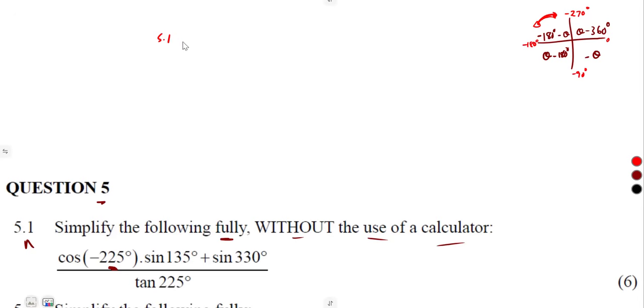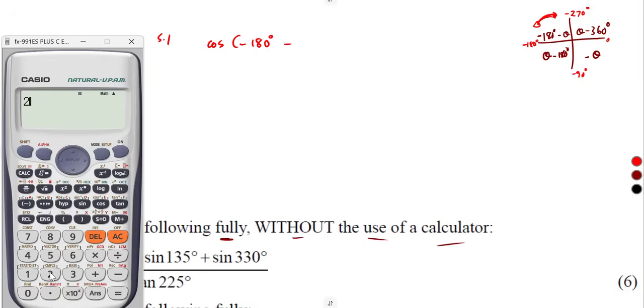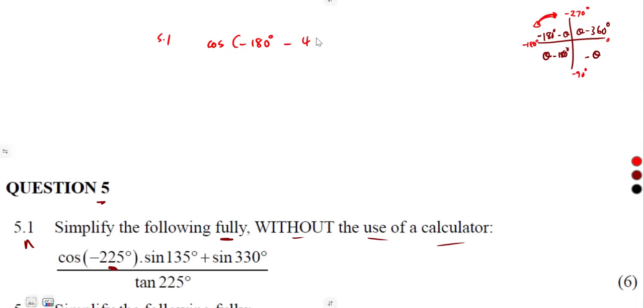So we are going to rewrite that as cos minus 180 minus theta. So to get minus 225, we must have this 225 minus 180. So that's minus 45. Minus 180 minus 45 gives us minus 225, all right? Sine 135, these are positive angles.